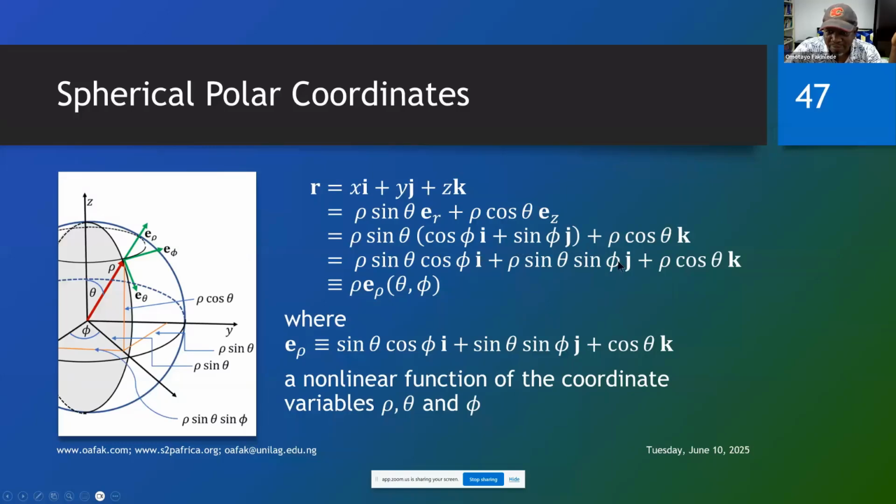And then here you open the brackets. After opening the brackets, you now say this whole expression is E rho of theta and phi, where E rho is sine theta. Just like that.